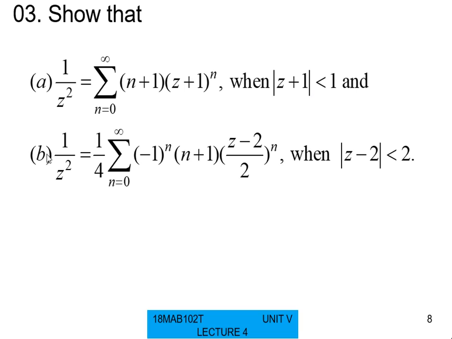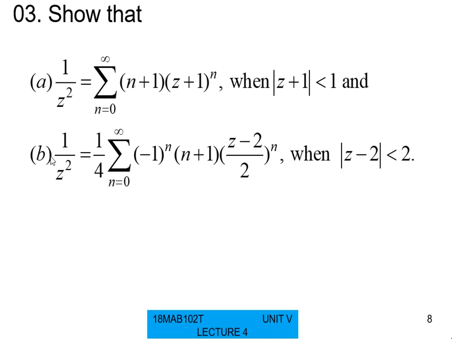And the second subdivision is 1 by z square equals 1 by 4 sigma n equal to 0 to infinity minus 1 whole power n plus 1 into z minus 2 by 2 whole power n, when mod z minus 2 is less than 2.